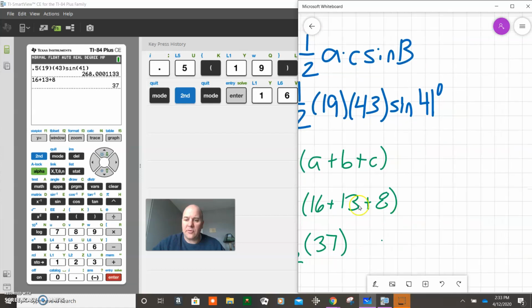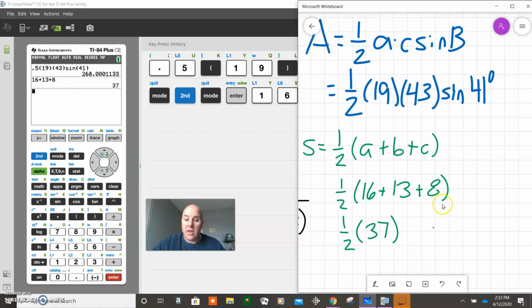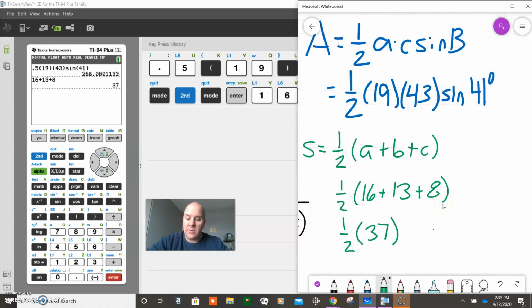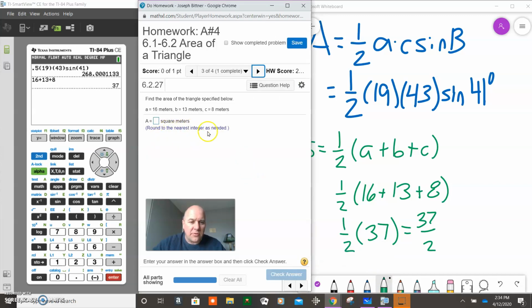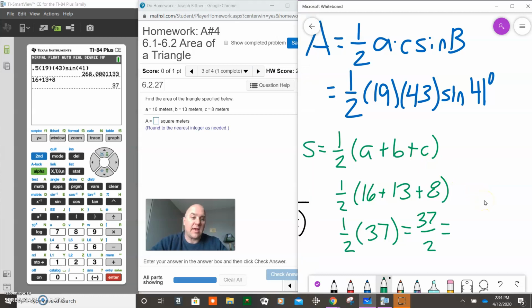Now let me slide this over because now I have to do the second part. And again, I would just go ahead and keep this as 37 over 2. Let's look at the problem, see how many decimal places they do want. Round to the nearest integer as needed. You could write this as 18.5, and it would probably work out the same, however you feel comfortable.